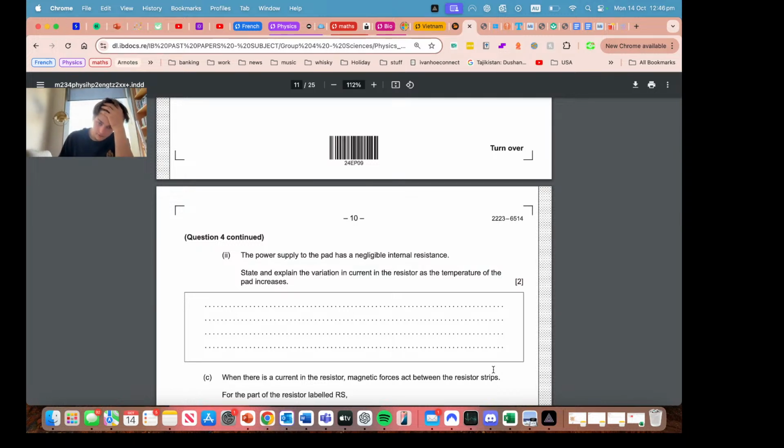Estimate using the graph. Let's go back to the graph then. Estimate using the graph. The gravitational potential at the surface of M due to the mass of M.